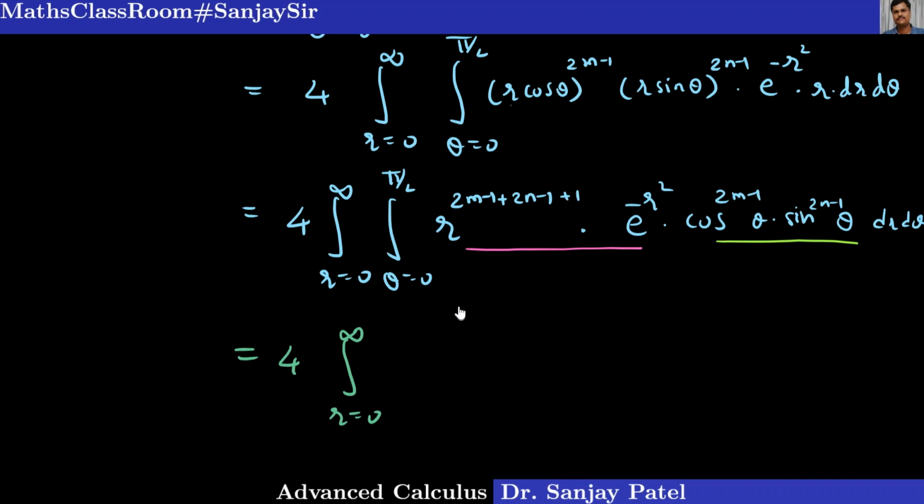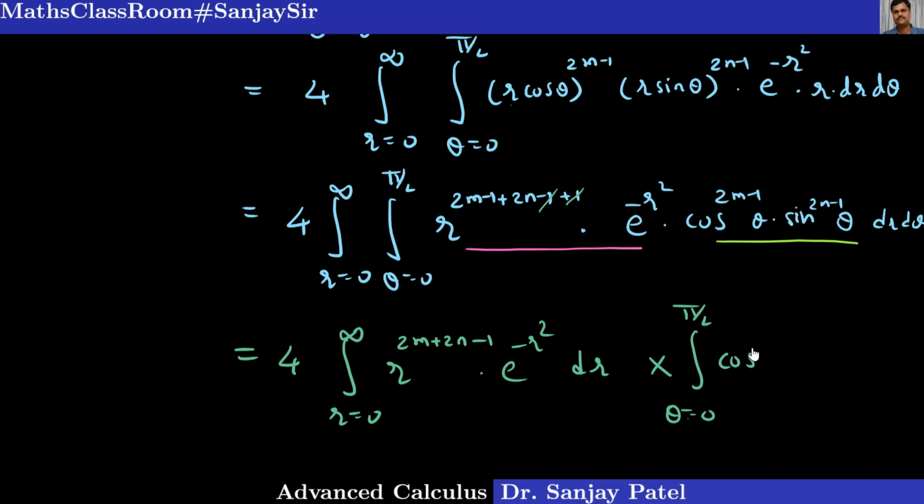Okay, and what is the value of r raised to this power? This minus 1 plus 1 will be cancelled, and you will get r raised to 2m plus 2n minus 1 into e raised to minus r square into dr into integral theta is equal to 0 to pi by 2, cos raised to 2m minus 1 theta into sin raised to 2n minus 1 theta d theta.